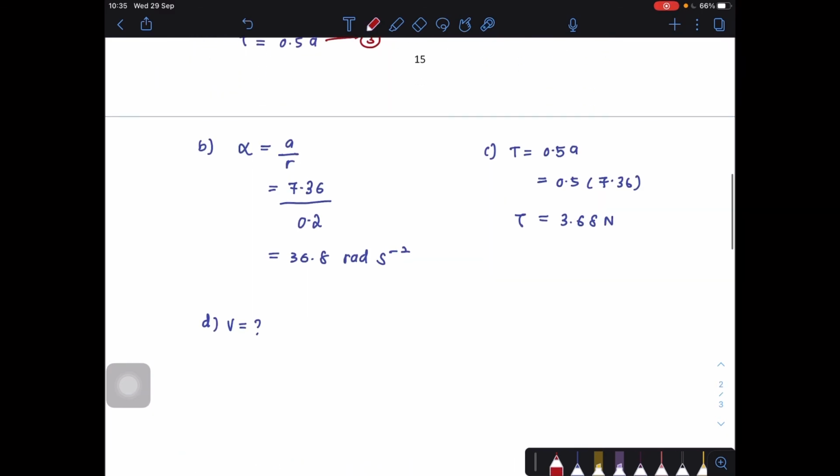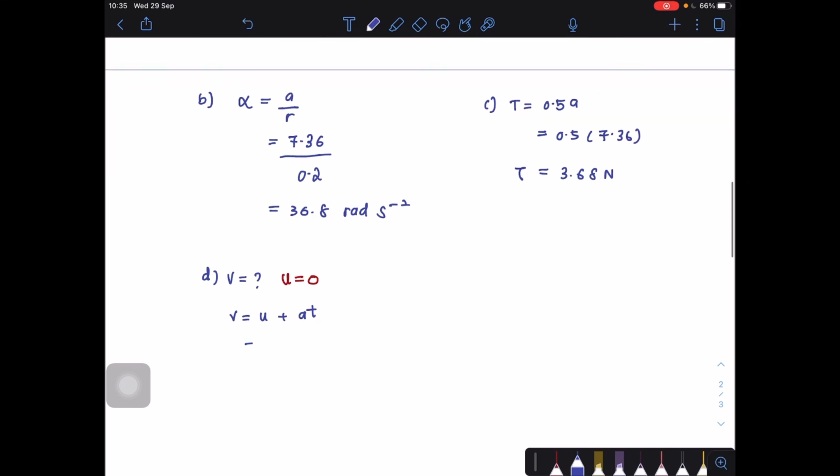And then, since we are given that the initial velocity adalah sama dengan kosong, we can use the formula of kinematics. V is equal to U plus AT. U kosong is still constant, A is 7.36. T pula adalah sama dengan 3 saat. And then you will get 22.08 meter per second.